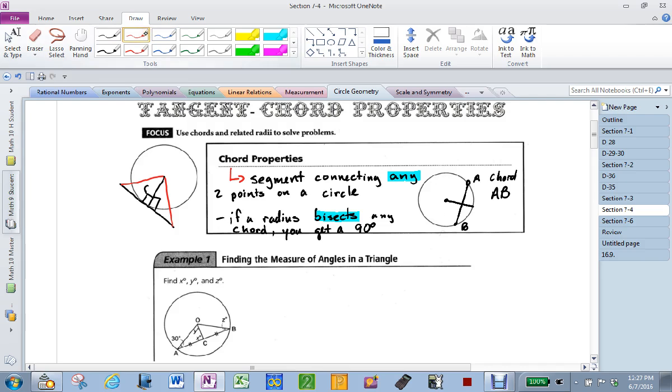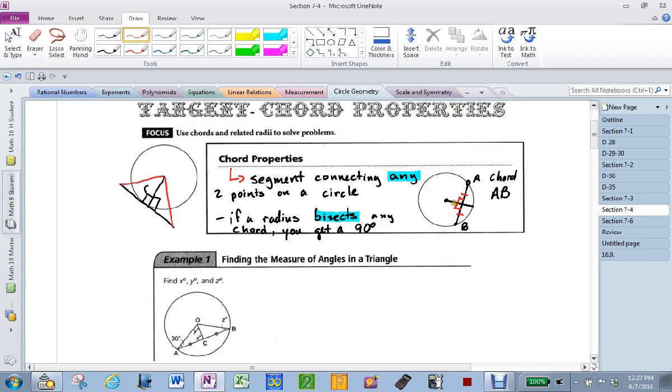And what does that tell us now about these two pieces? They're the same. And what does it tell us about these two angles? That they're 90. If these are the same, the angles are 90. If the angles are 90, these two are the same.